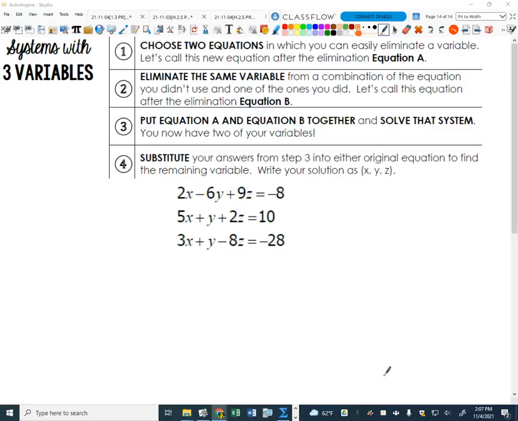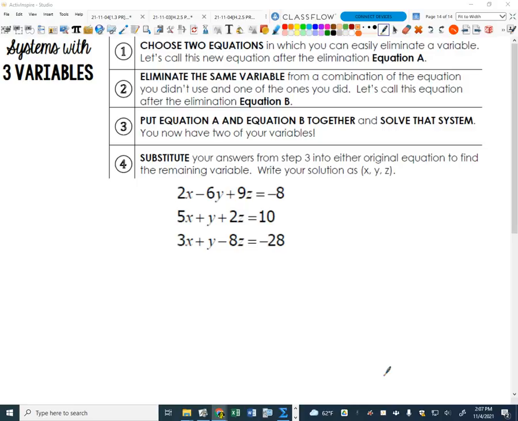So what do we do? There are some steps we can follow. We want to look at this and think in advance a little bit. We want to figure out if there is a variable that we could eliminate from 2 different pairs of 2 of these equations taken together.